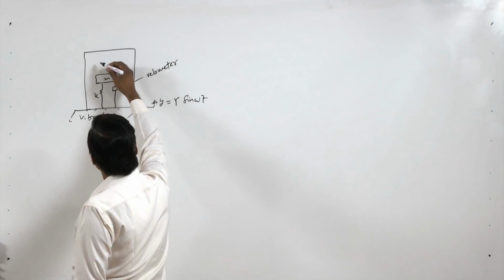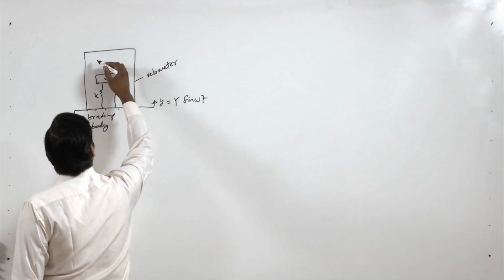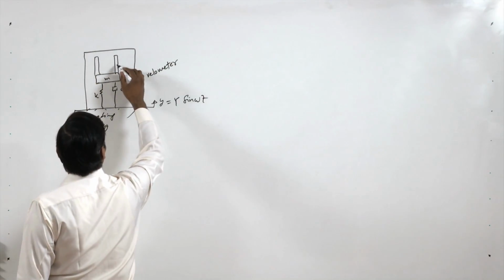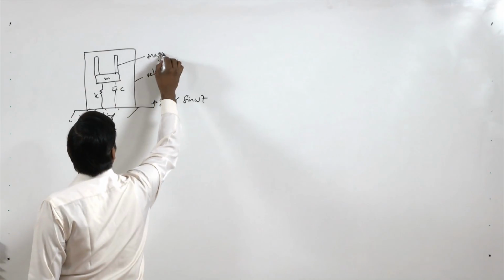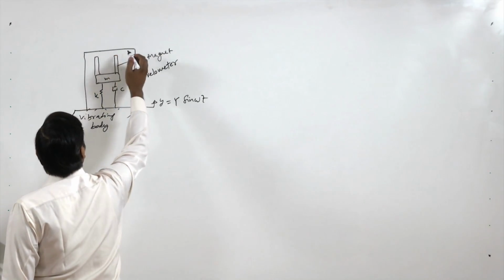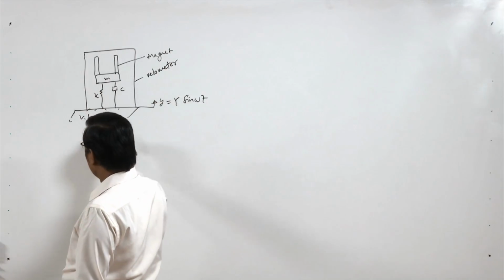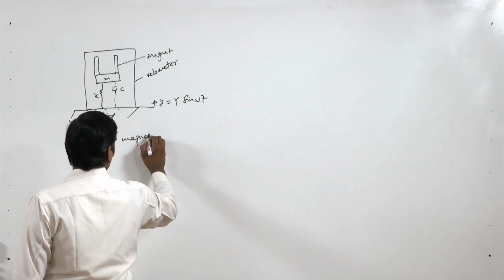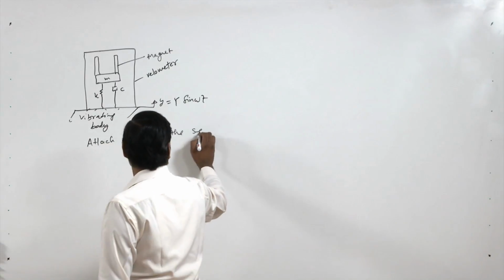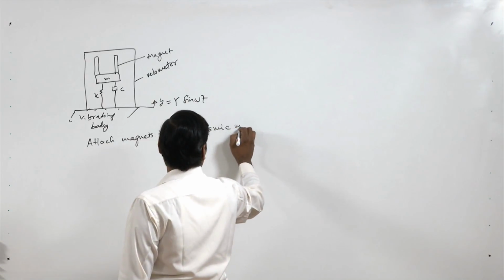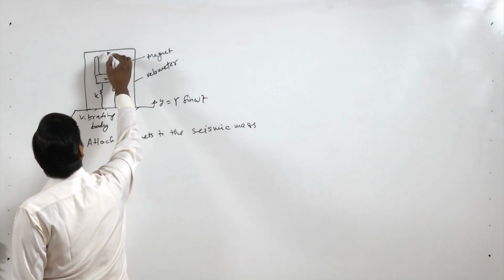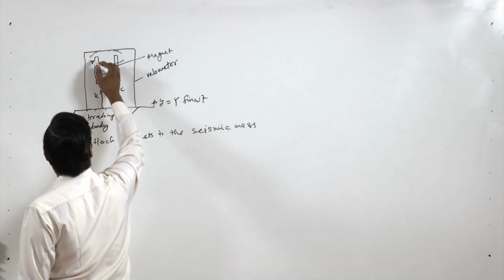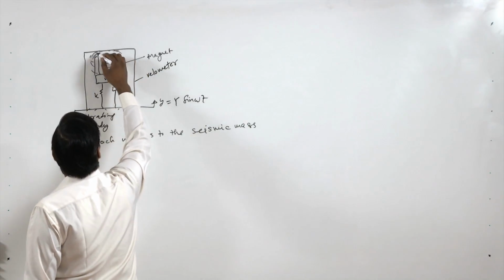So we attach a magnet to the seismic mass, and then we attach some coils, these windings, to the frame.